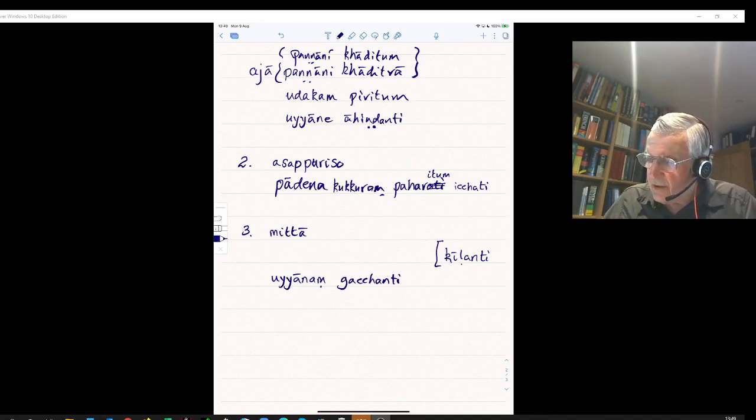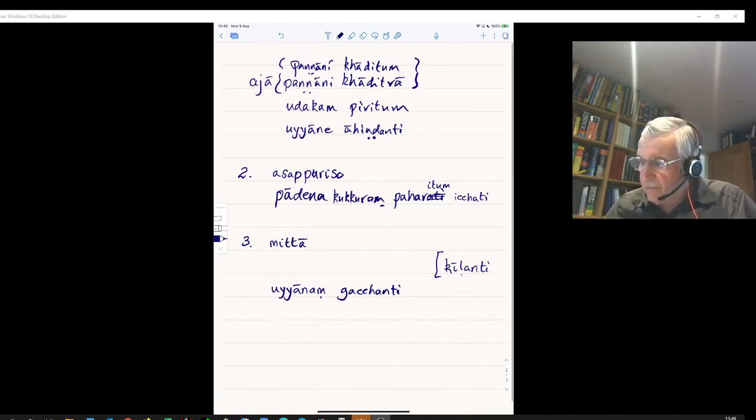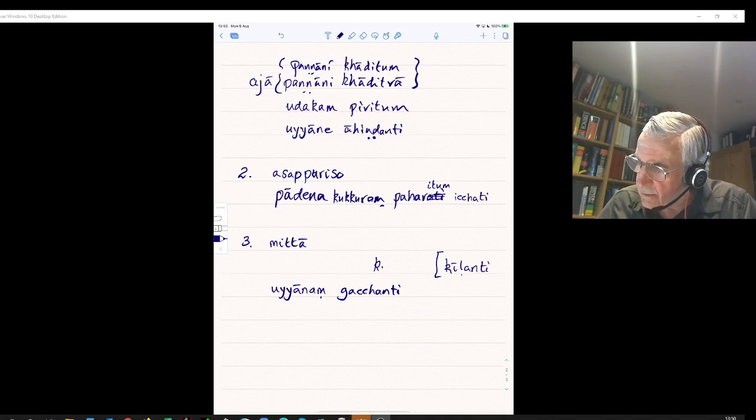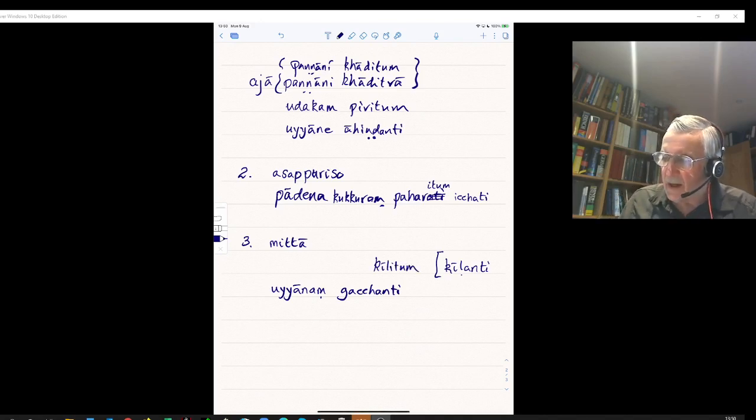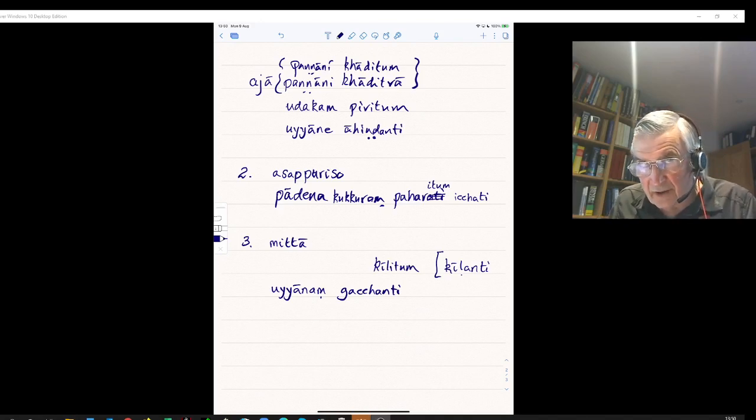That becomes, they go to the park to play. The friends go to the park to play, mitta kielitum uyyanam gachanti. So let's put kielitum here. Mitta kielitum uyyanam gachanti.